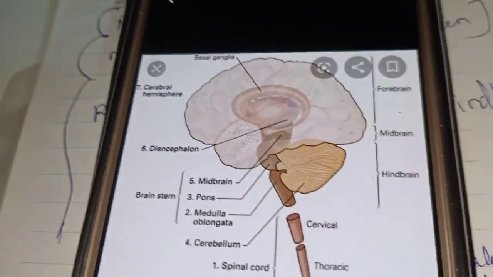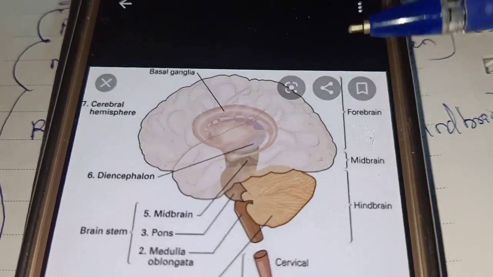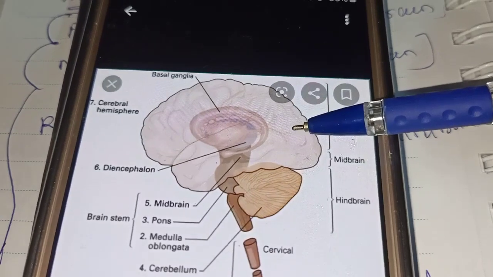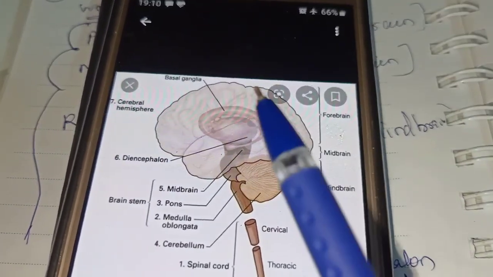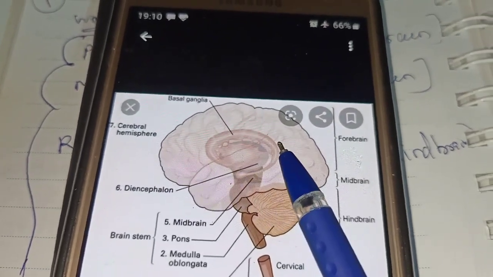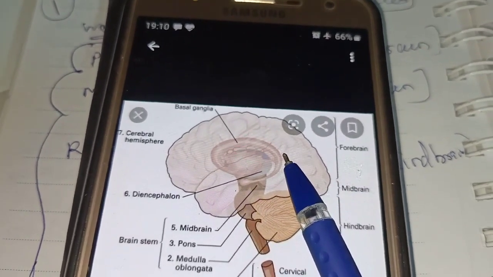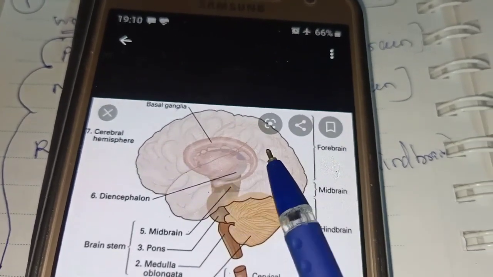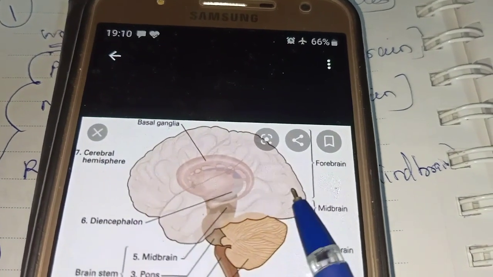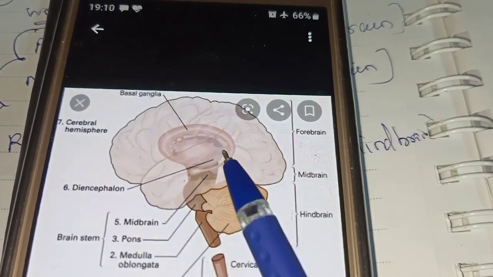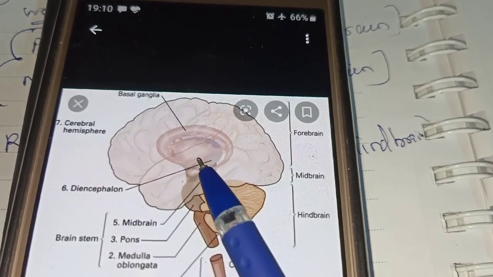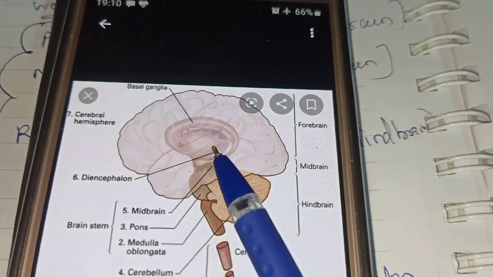Now if you see here, this is the forebrain developing from prosencephalon. This prosencephalon divides into telencephalon and diencephalon. So telencephalon develops into cerebral hemisphere or the cerebrum, and diencephalon includes the thalamus, epithalamus, and hypothalamus.